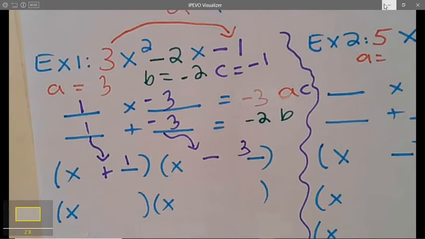Now, don't forget, you guys, this is slide and divide. Okay, so you divide by whatever you slide by.